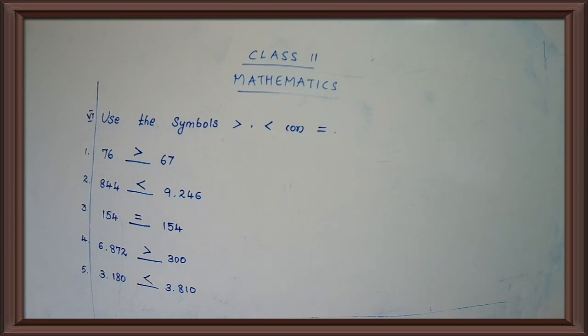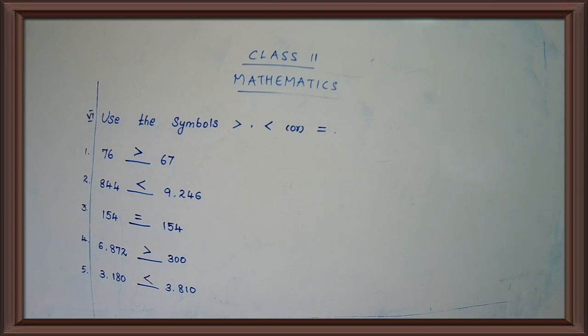Then you leave one finger space and write the fifth one. Children, can you hear my voice? Okay. The fifth one, 3180, then one small dash, 3810.